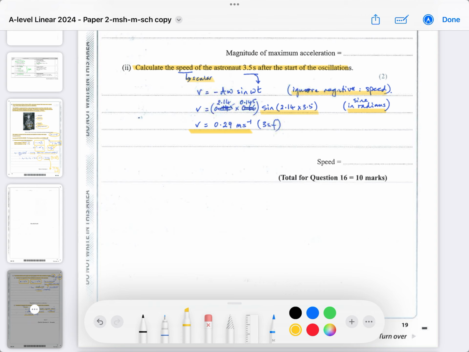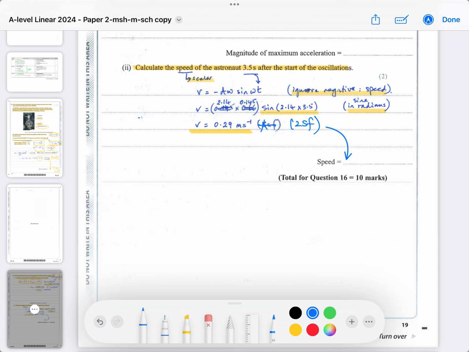And again, this is not 3 significant figures, this is actually 2 significant figures, and I think that's what you should put in your answer. So another 10 marks done.